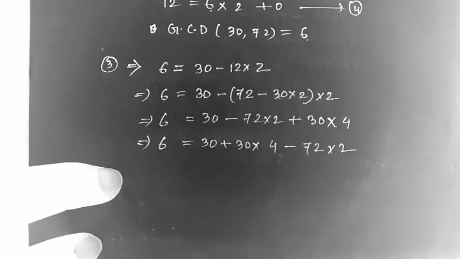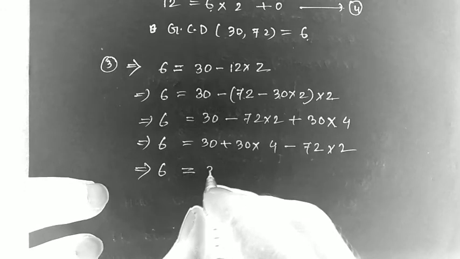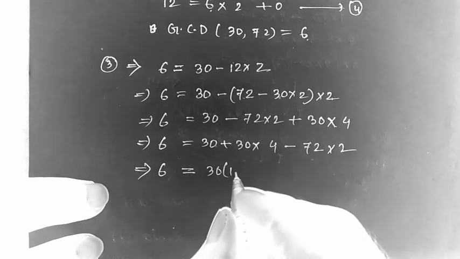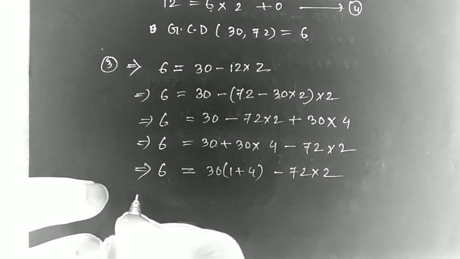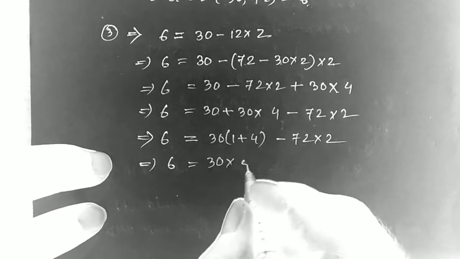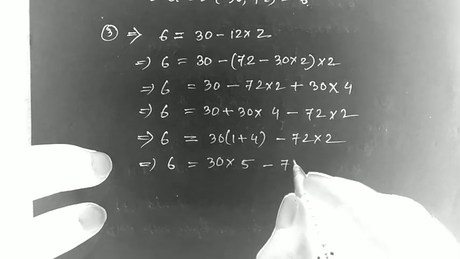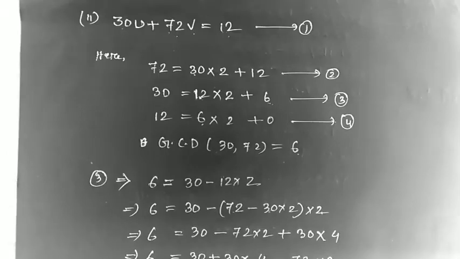Now write this. See, 30 minus the value of 12. The value of 12 from equation 2 is 72 minus 30 into 2. So the value of 12 means 72 minus 30 into 2, and this 2 is extra present.